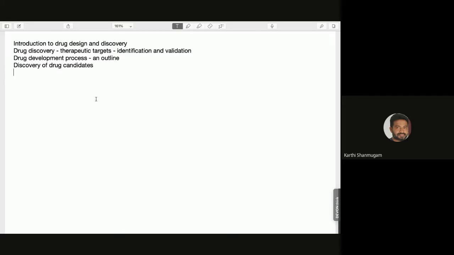So the fourth topic is sources of hits, leads, and candidate drugs. The next topic is basic principles of lead development and optimization. Next topic is membrane penetration and Lipinski's rule of 5.